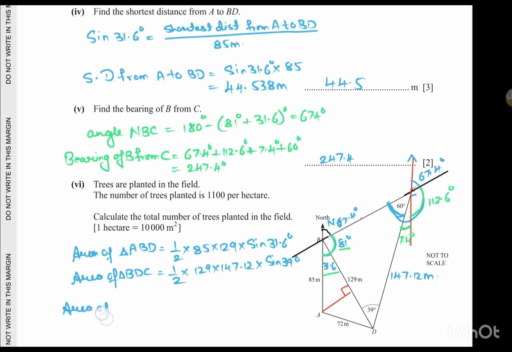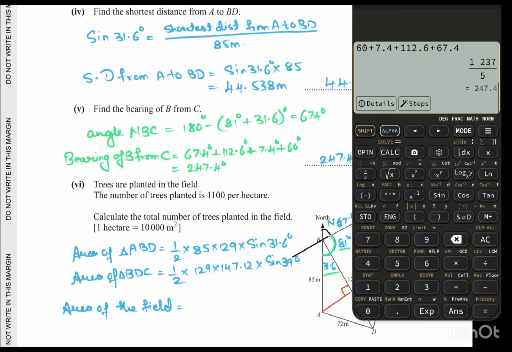Let me directly put this in the calculator and add them.